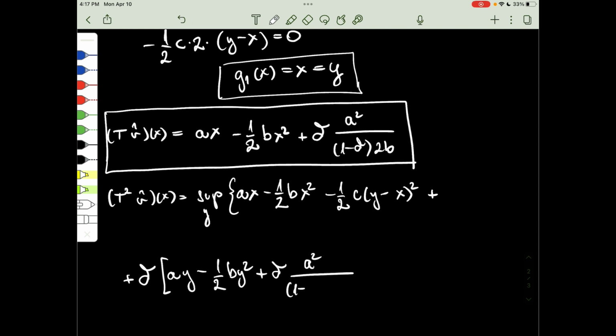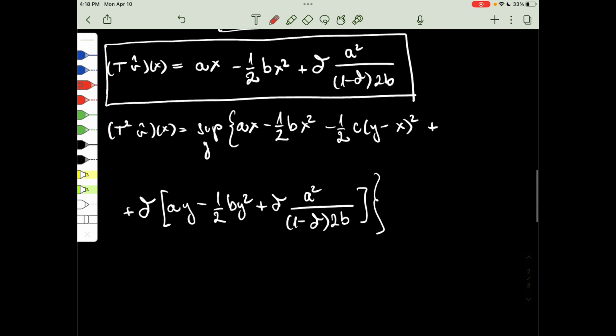Actually, we are trying to find the optimum value. So to be clearer, this is what we have. So this is the value function. We are iterating, and we use repeatedly the value function of the previous round.